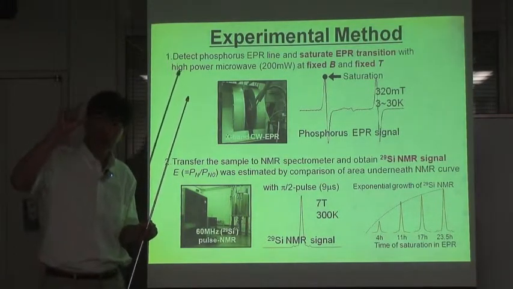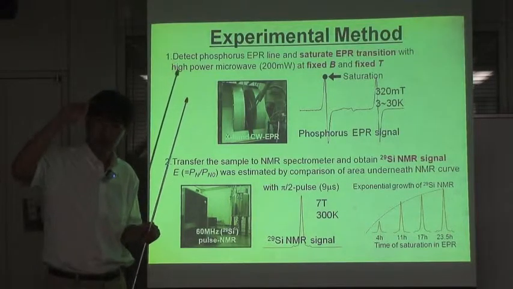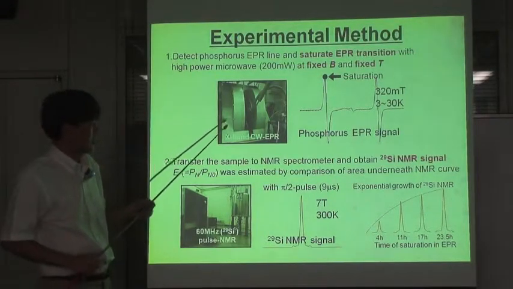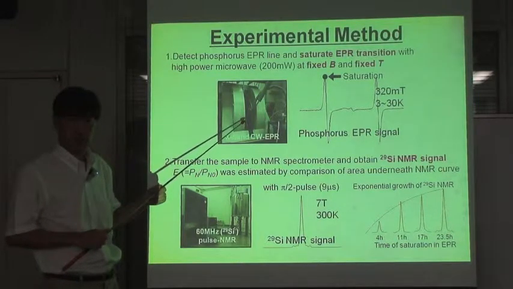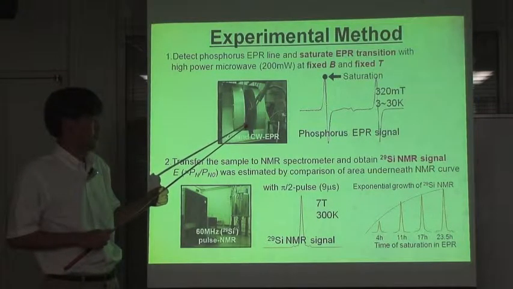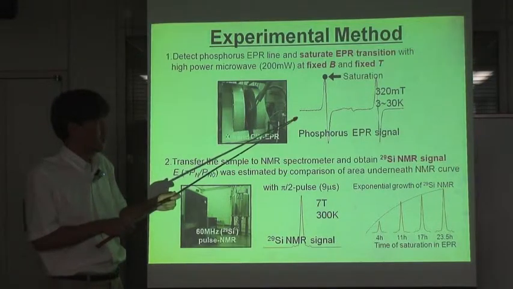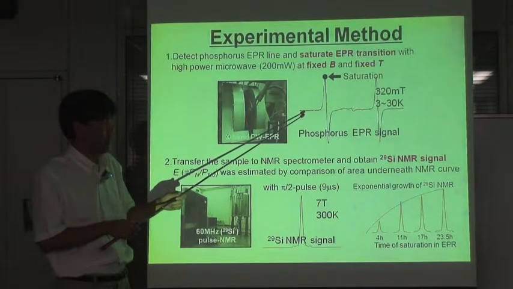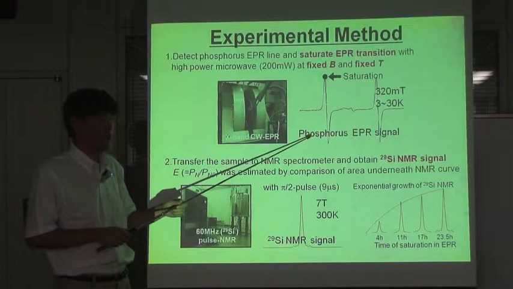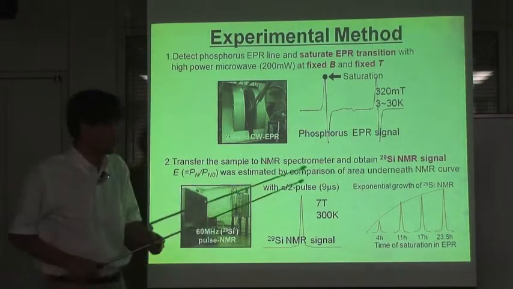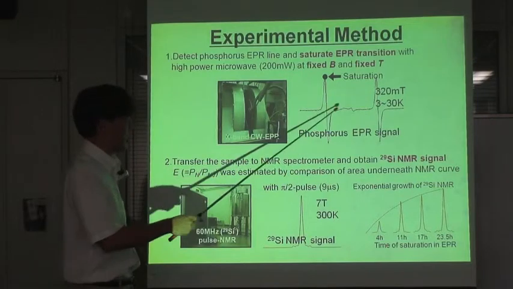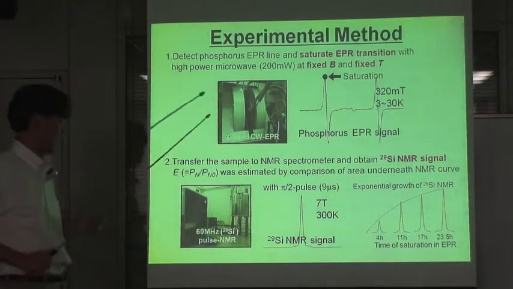First, we have to excite electrons from down to up states using an electron paramagnetic resonance machine, or EPR. Okay? So here's a typical electron paramagnetic resonance signal obtained from phosphorus in silicon. It has two resonances separated by this hyperfine interaction.